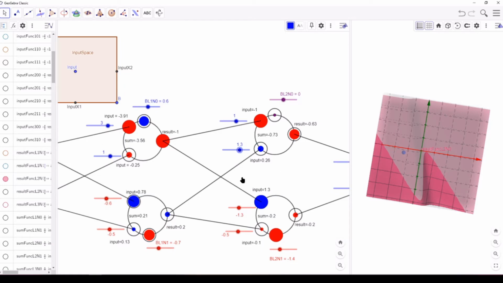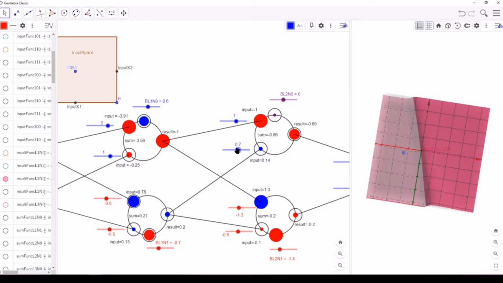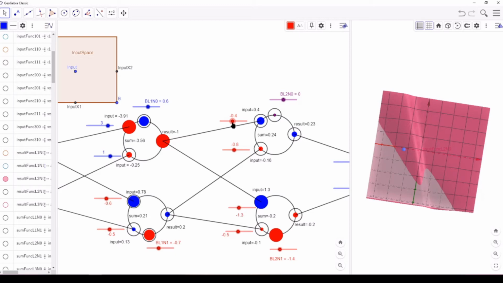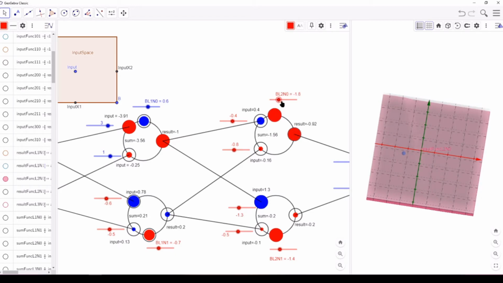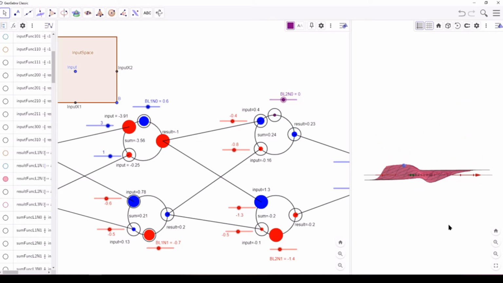There we can adjust those values to get different functions. And the bias helps us. It's like elevating the entire function a bit or lowering it.